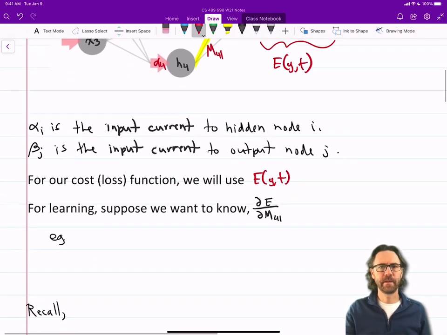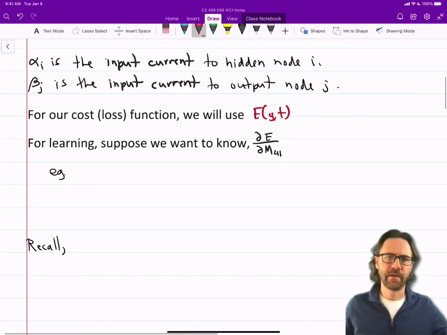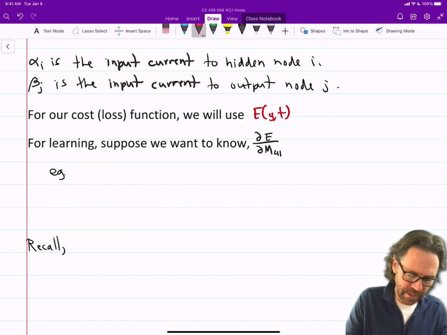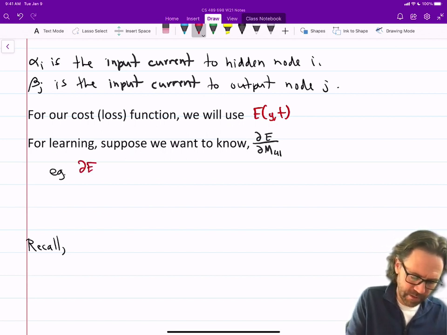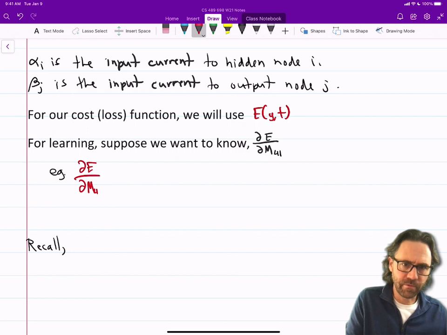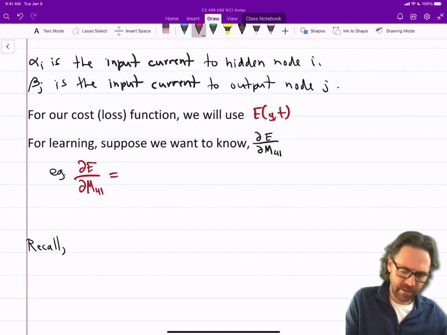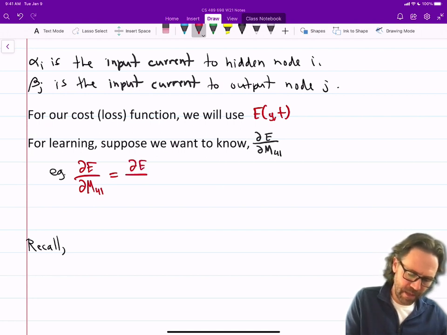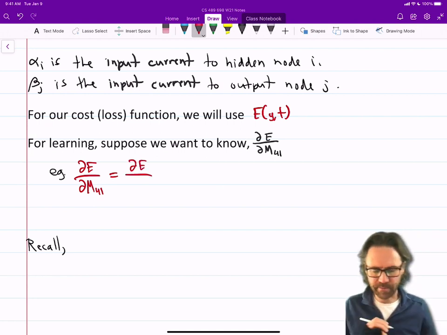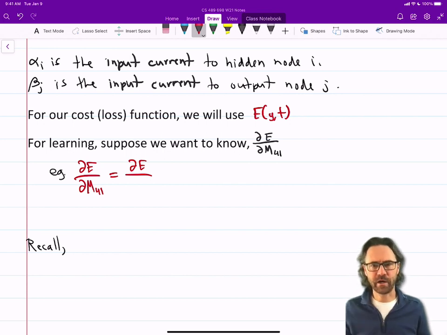For example, ∂E/∂M41, it's kind of sloppy, can be written ∂E by, now before I continue on, let me draw a picture here.